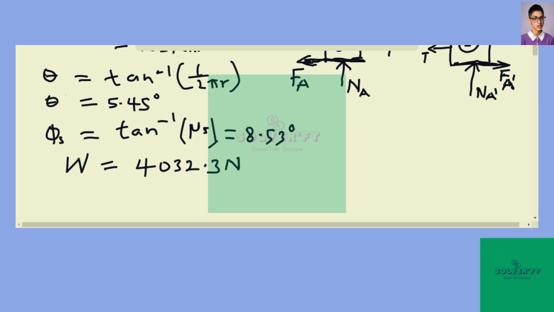So therefore T is equal to W, which is 4,032.3 Newton.